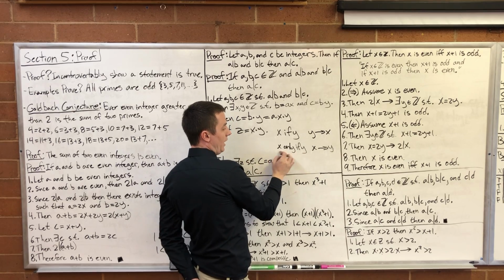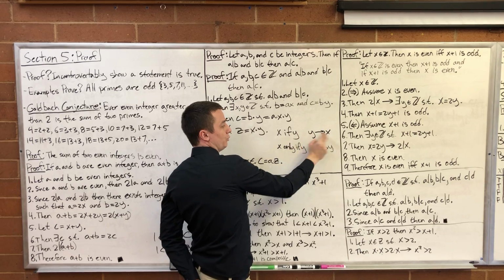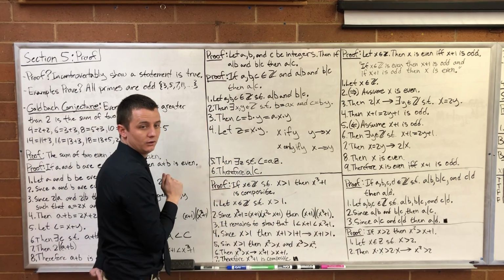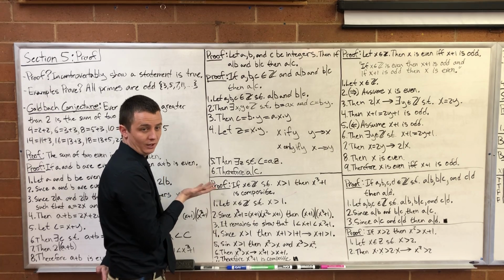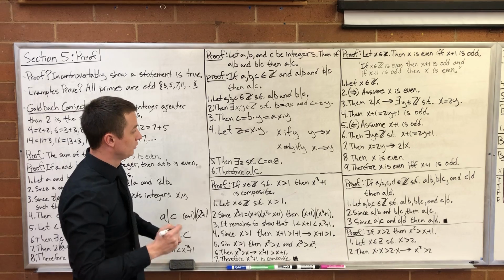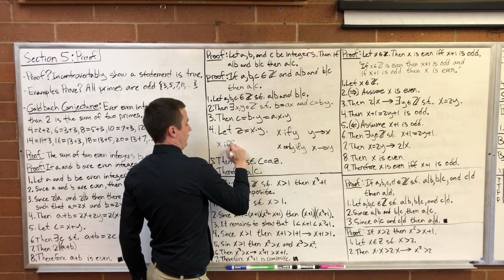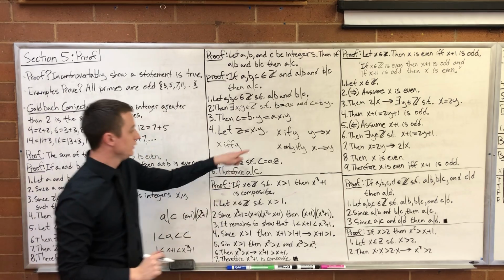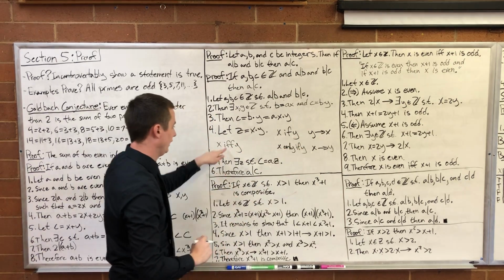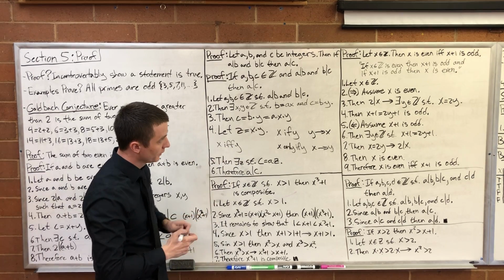So you see how x only if y is x implies y, whereas x if y is y implies x. Are we good with that? Makes sense. So when I say x if and only if y, that means x if y and x only if y. That's how we mean it.